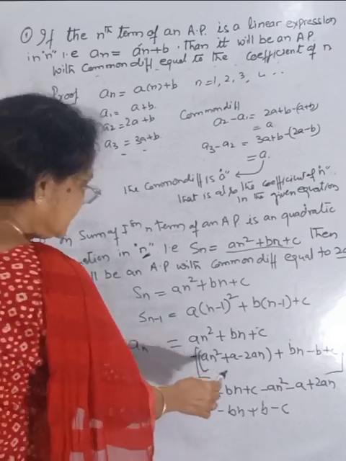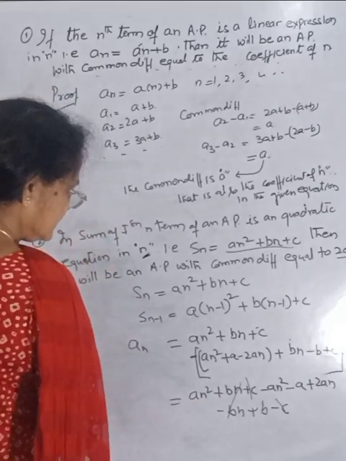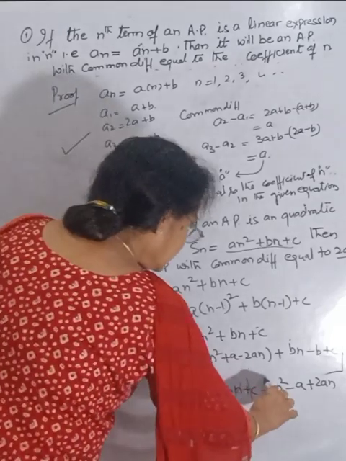Okay, c get cancelled with this, bn get cancelled this, an square get cancelled this.